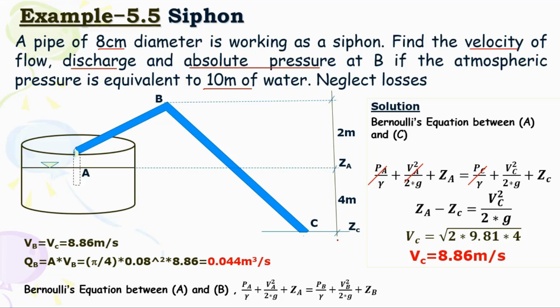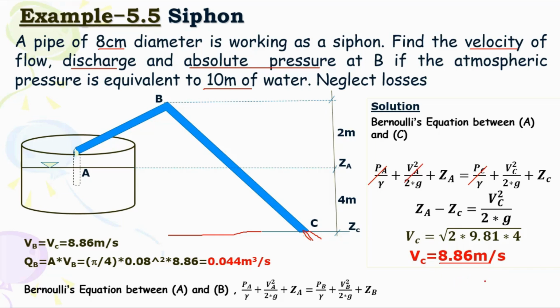You have already the difference between A and C. If you take datum at this level, then you can find VC square over 2g. Why is pressure at A 0? Why is pressure at C 0? Since it is open to the atmosphere, pressure is 0. But we will consider the other issues. So velocity at C, where water is flowing out, will be 8.86 meter per second.